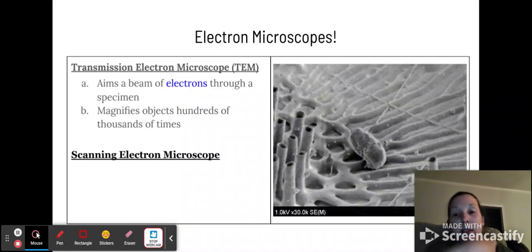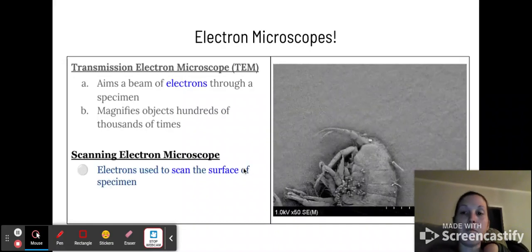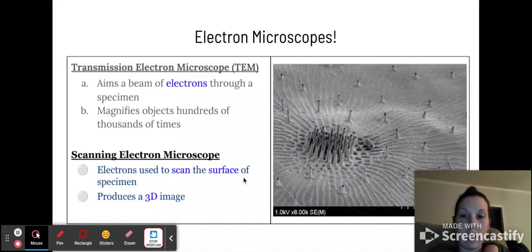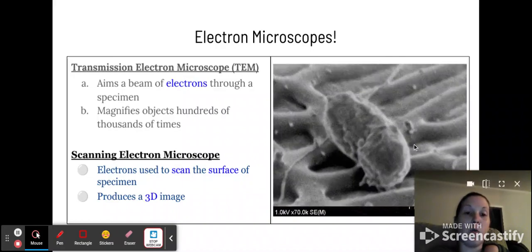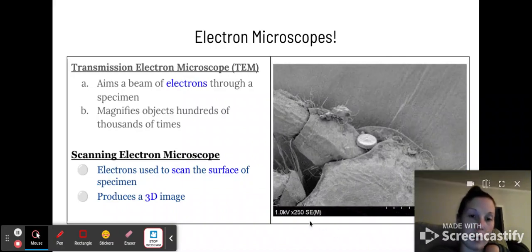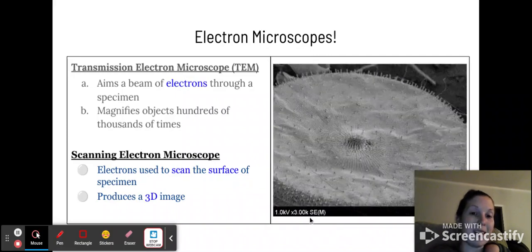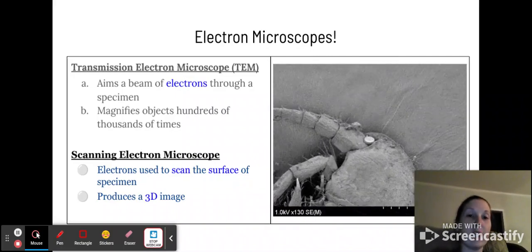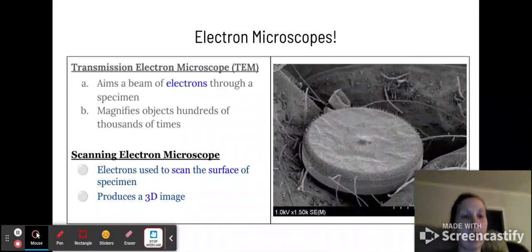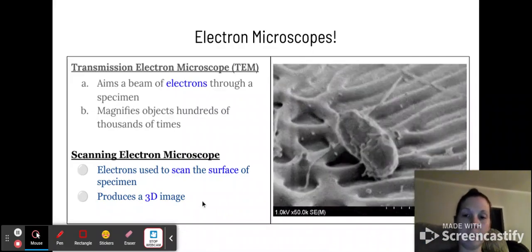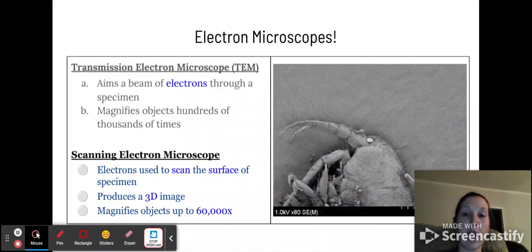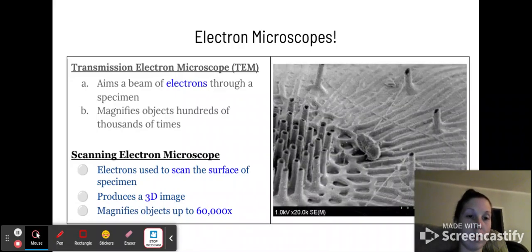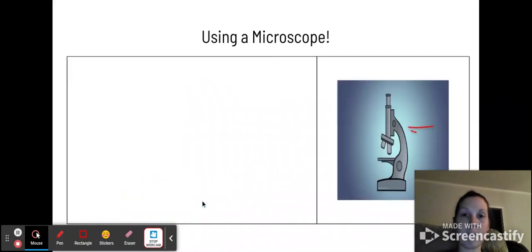Then we have scanning electron microscopes, and these use electrons to scan the surface of a specimen, and they produce a 3D image, which is more what we're seeing over here. You can see at the bottom that it says SEM, that is scanning electron microscope, because it uses electrons to hit the surface and to give us a detailed outline of what we are viewing in a 3D image. And this can actually magnify up to 60,000 times the original organism size.